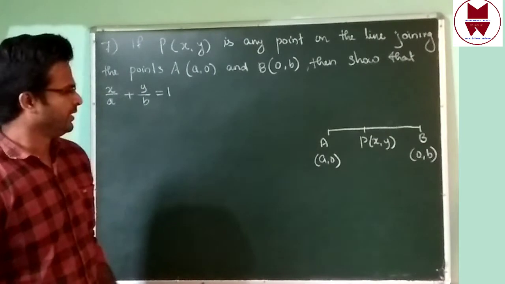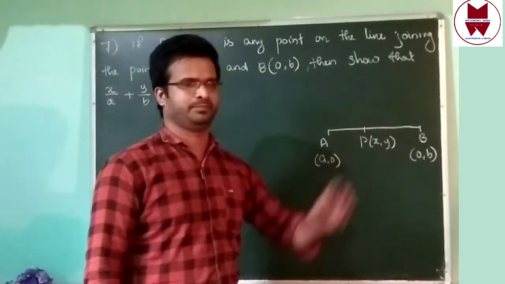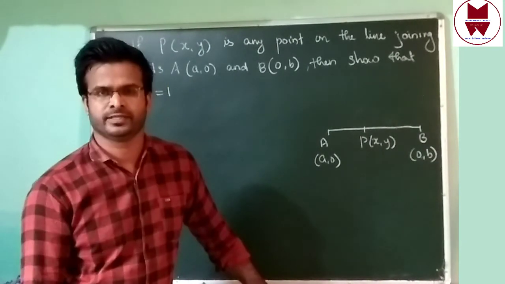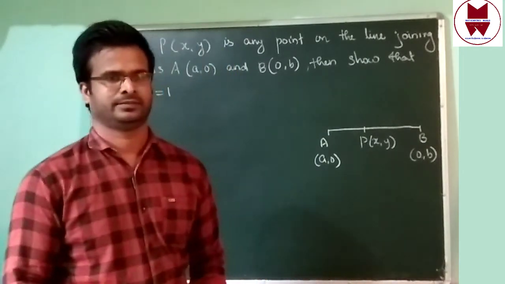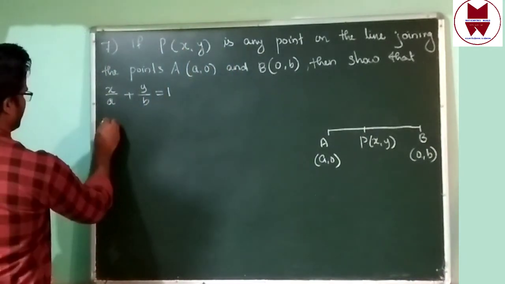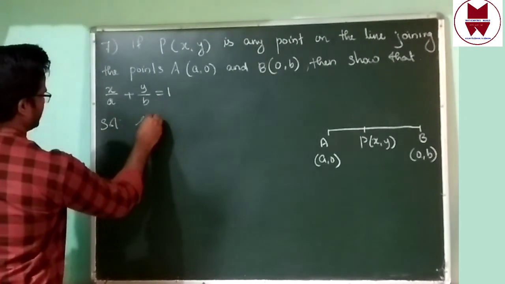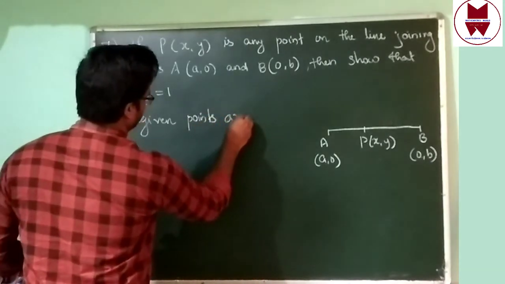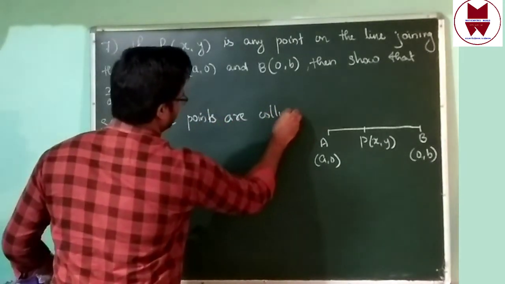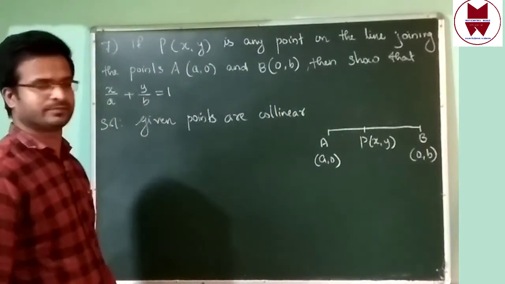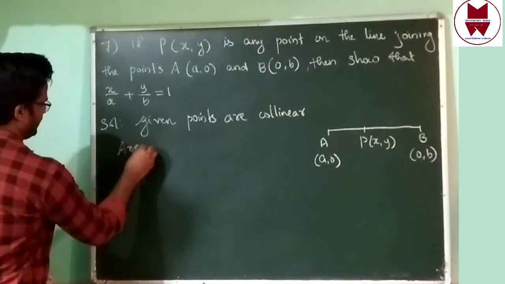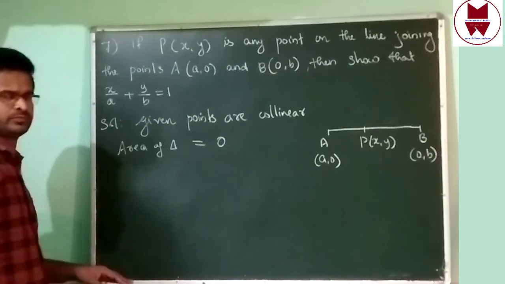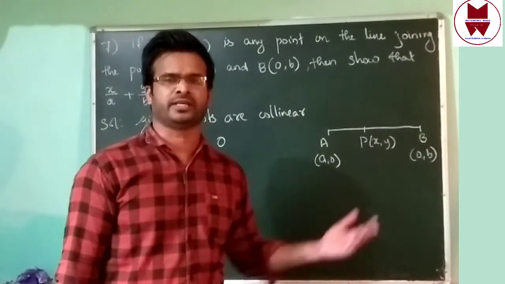Now we can see these 3 points A, P and B are on the straight line. That means these 3 points are collinear, isn't it? That's why we can write the given points are collinear. Points are collinear means the area of the triangle equals 0, because we cannot make any triangle, so the area will be 0.